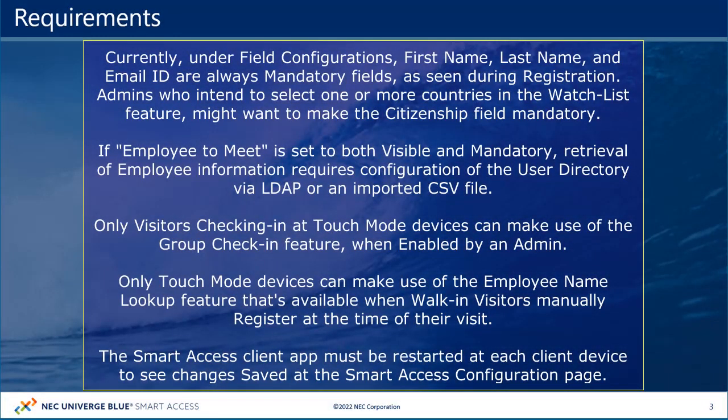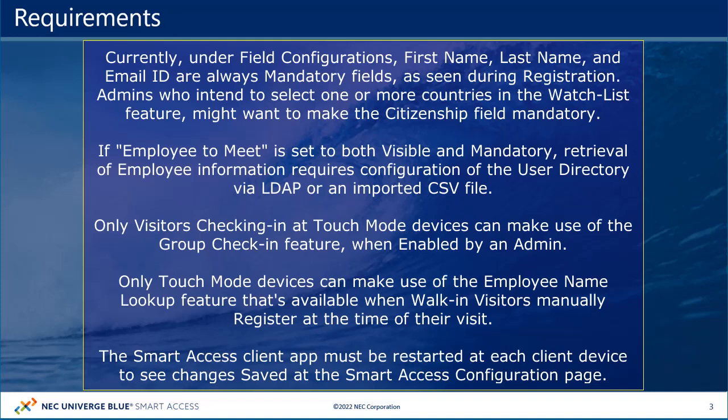Currently, under field configurations, first name, last name, and email ID are always mandatory fields, as seen during registration. Admins who intend to select one or more countries in the watch list feature might want to make the citizenship field mandatory. If employee to meet is set to both visible and mandatory, retrieval of employee information requires configuration of the user directory via LDAP or an imported CSV file.